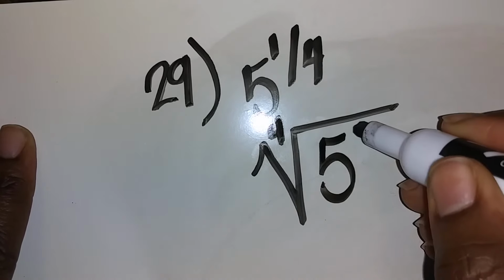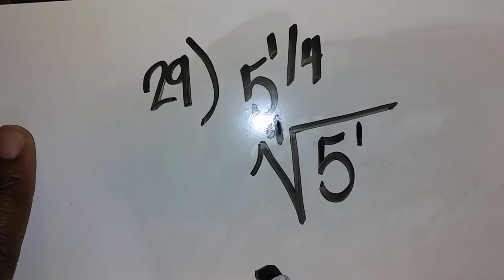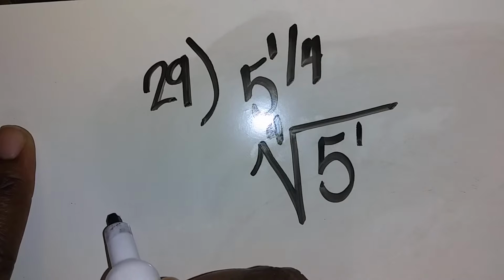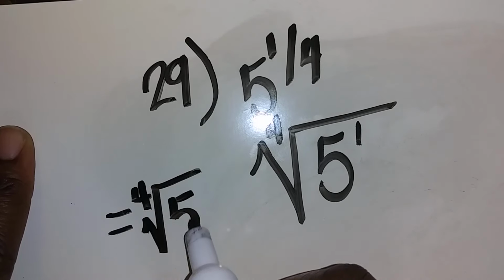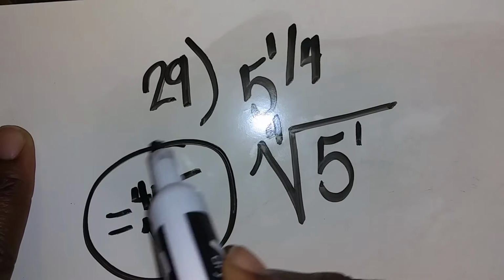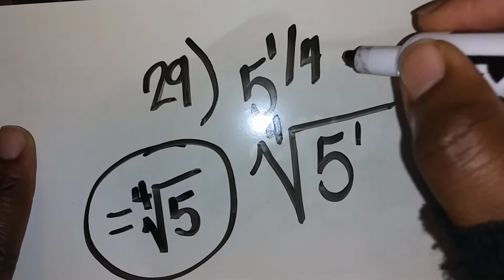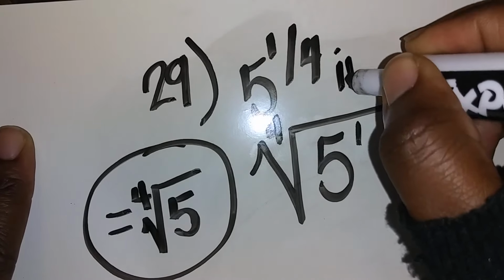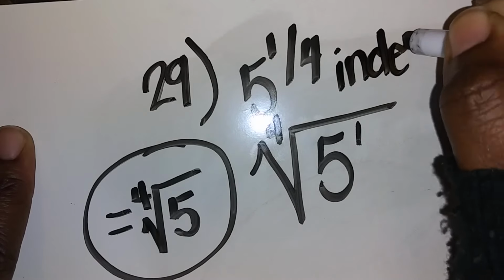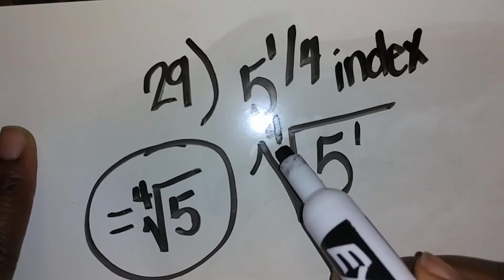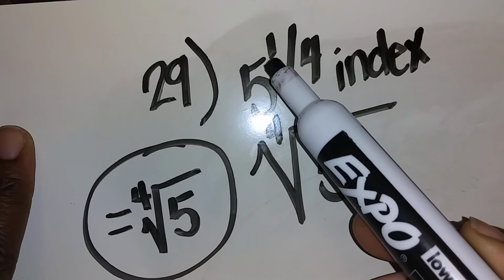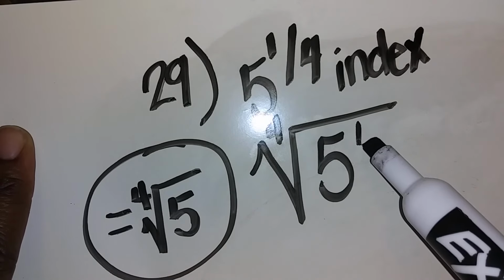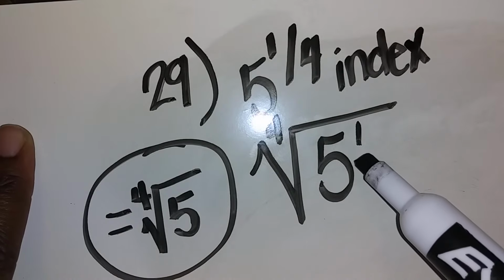And then my exponent is that understood 1. So my answer is the fourth root of 5. And I don't have to write that 1. So right here, the 4 represents the index. And your index goes here. And your numerator, your 1, represents the exponent. We know exponent goes by that 5.